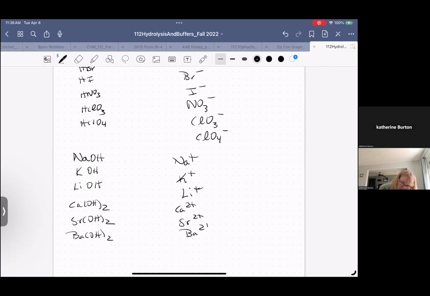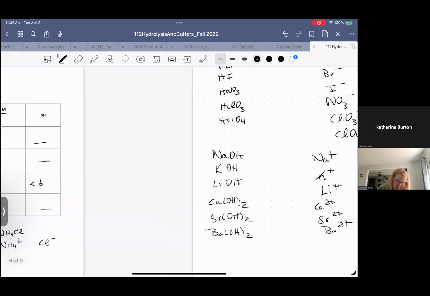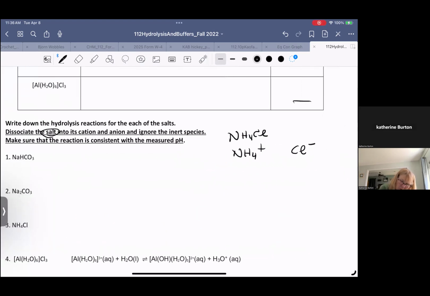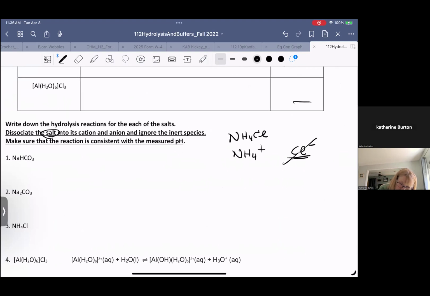Why is this relevant? Anytime you see something like ammonium chloride, you recognize chloride as the conjugate base of hydrochloric acid, which means it is inert. And because it is inert and does not react with water, the only thing that matters is ammonium.